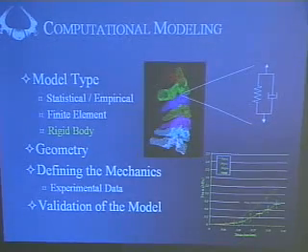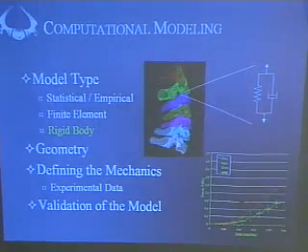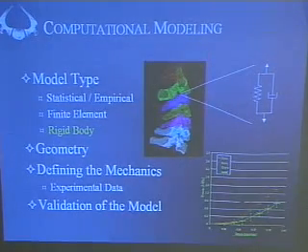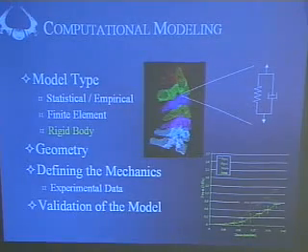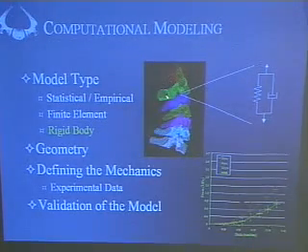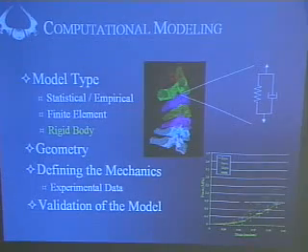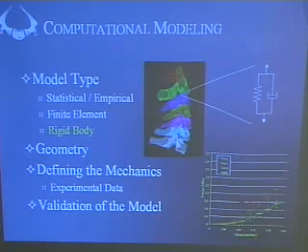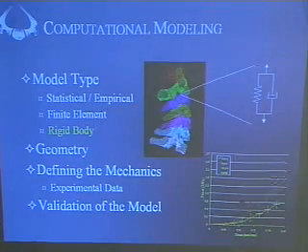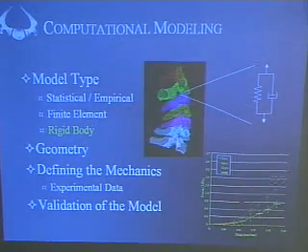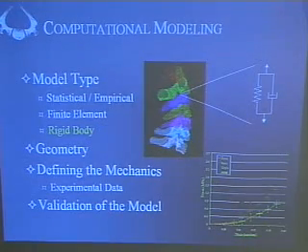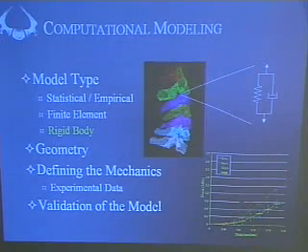Since there was that 10 times disparity, we felt that we would be able to take a very first order approximation of this system as a rigid body, where we assume that the vertebrae, which you can see here as different colors, are rigid bodies modeled as shell elements, and then we model the mechanics between those shell elements as a set of lumped parameters. Once we chose a model strategy, we needed to define the geometry, define the mechanics between with experimental data, and then turn around and say, does this model make sense? Is it validated?